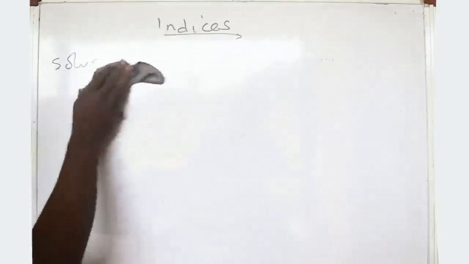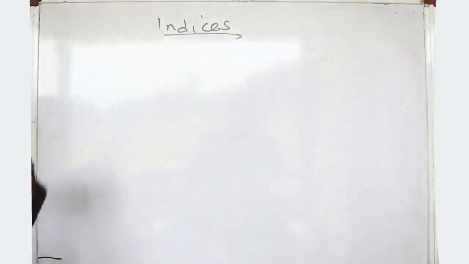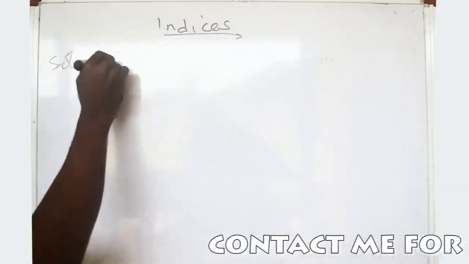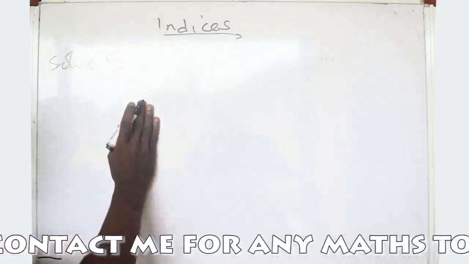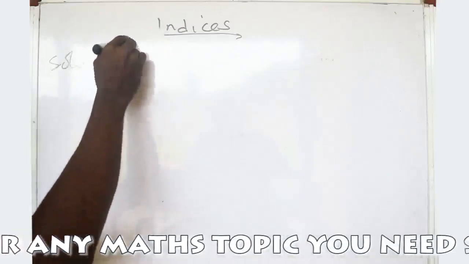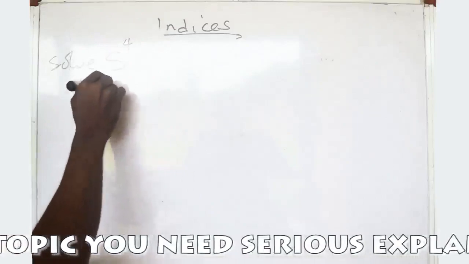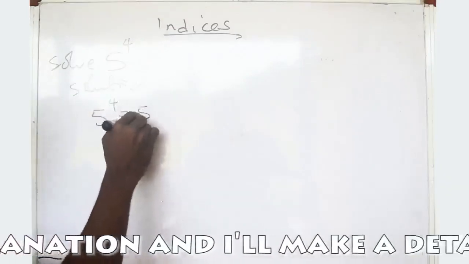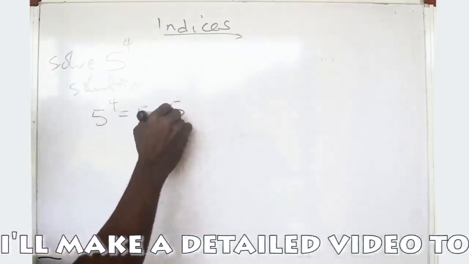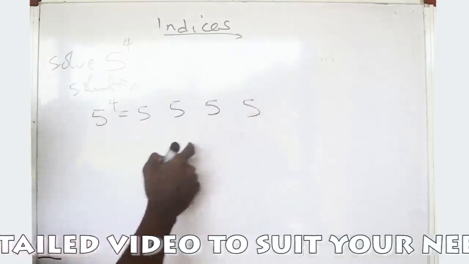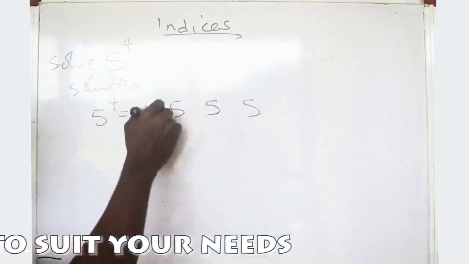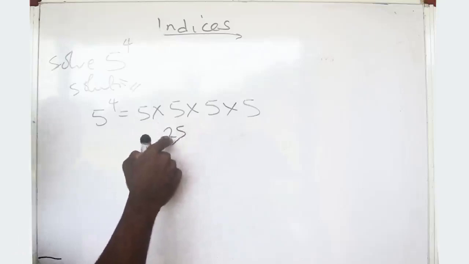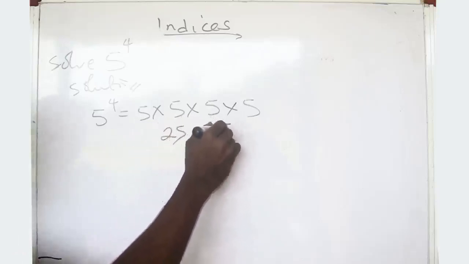Let's say the question has it that you should solve 5 raised to the power 4. The solution there will be 5 raised to the power 4 means repeat 5 to get the value of 4. 5 times 5, and you put multiplication in between, 5 times 5 is 25. 25 times 5 is 125.